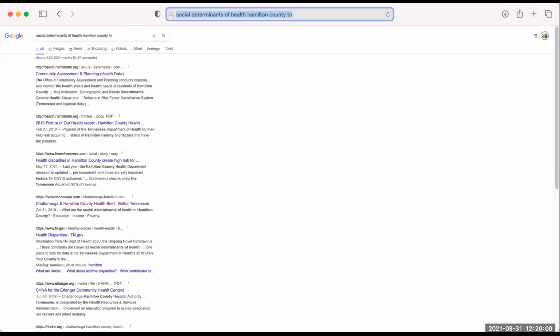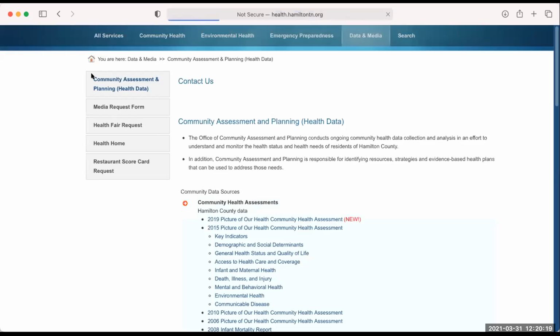And you'll see that one of the first things that comes up here is health data for the Hamilton County Health website. Awesome. Now we also have information down here from the state of Tennessee. So we'll look at both. Let's start out with the Community Assessment and Planning health data. And you can see they have reports.